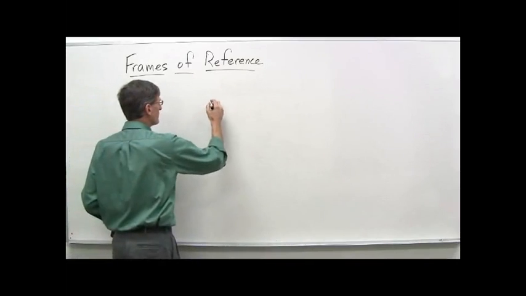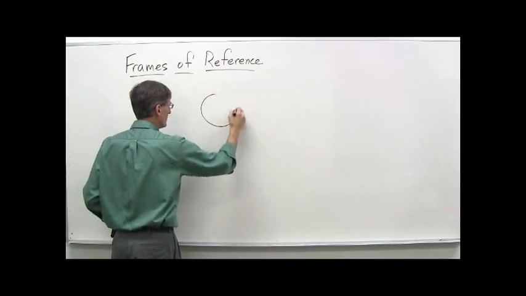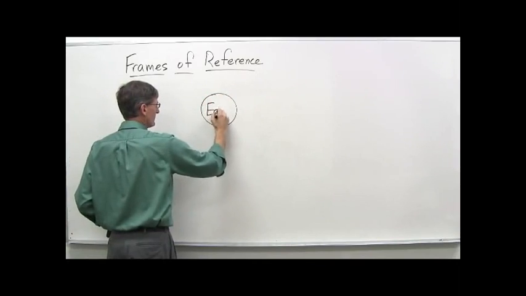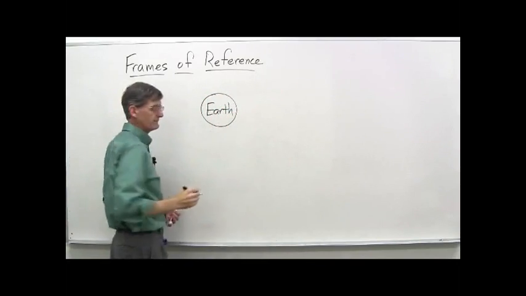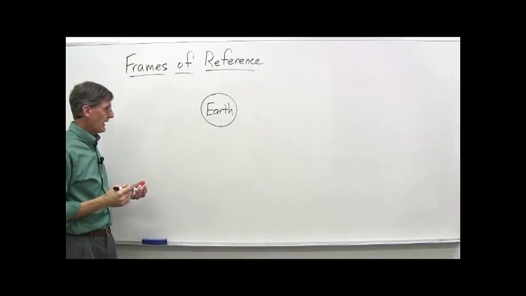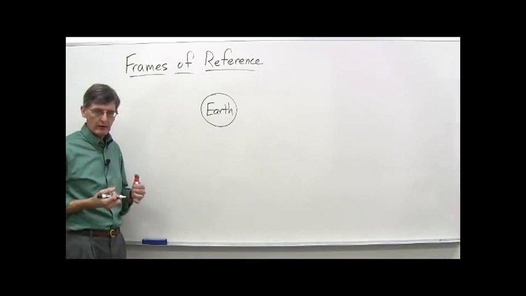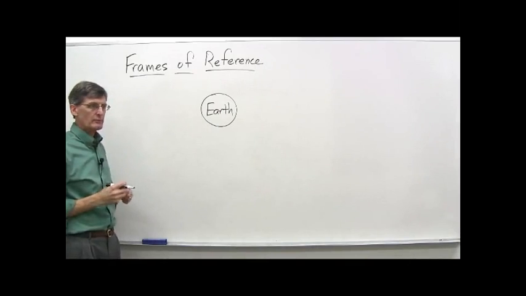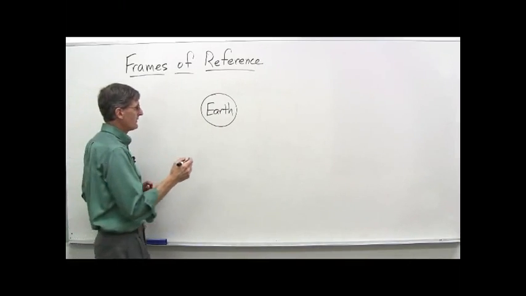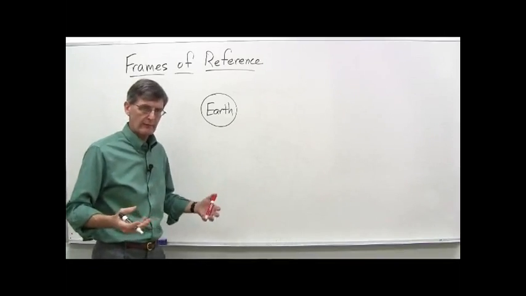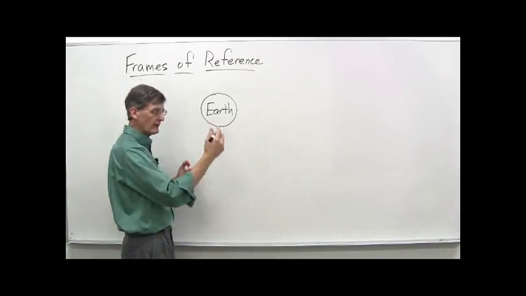We'll add Earth. Okay, here's Earth, and we're going to imagine that Alice and Bob are back in their spaceships again, and they start off perhaps on a race, or maybe not a race, but they're just flying around.